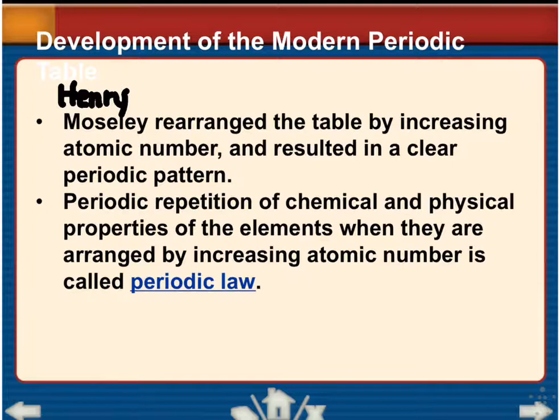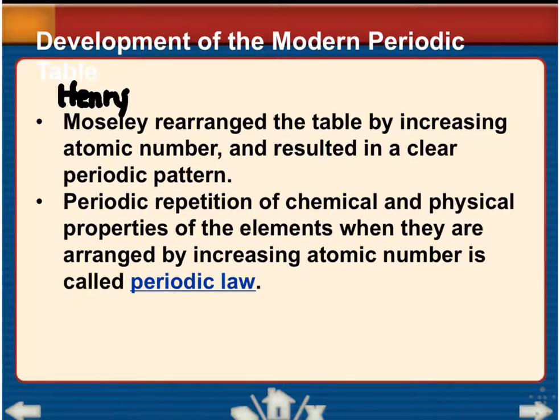The guy responsible for the modern periodic table, the one that we know and love today, is a man named Henry Moseley. He rearranged Mendeleev's table by increasing atomic number instead of increasing atomic mass. And by doing that, it resulted in a very clear periodic pattern, which we were able to demonstrate when we went over electron configurations. You can see how kind of beautiful it is.